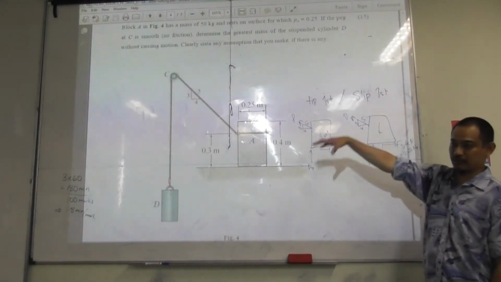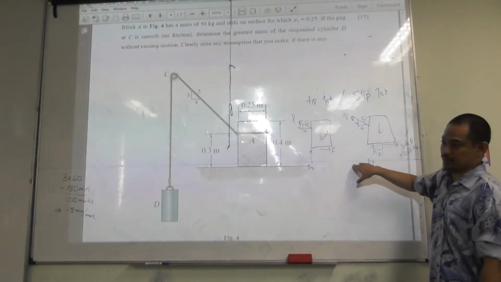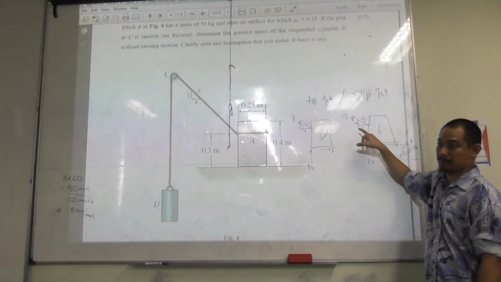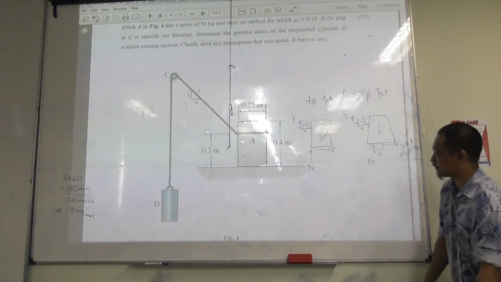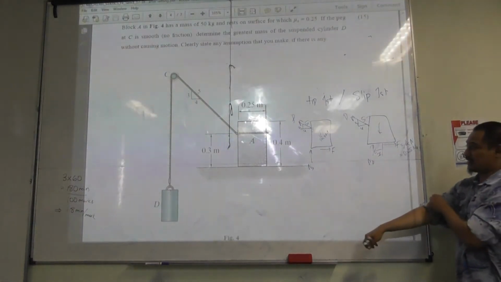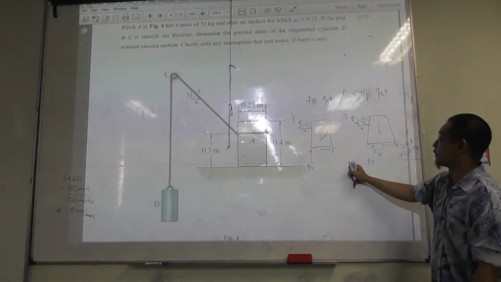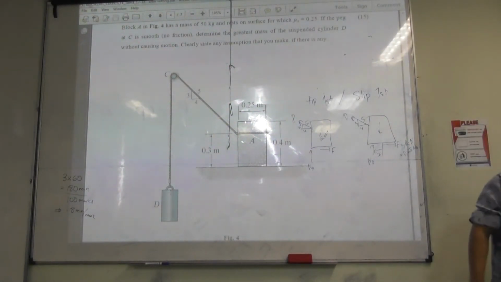Or you can just look at other types of question. But if you try this one, the difference is that because of this angle, you have simultaneous equations. Before it's easy because x is x, y is y, there's no interrelation, right? In this case, you have to solve simultaneous equations. But I believe you know what to do, right?